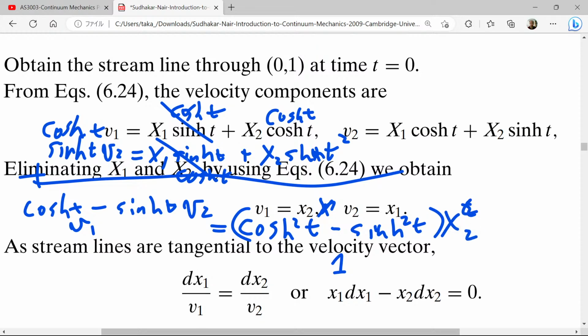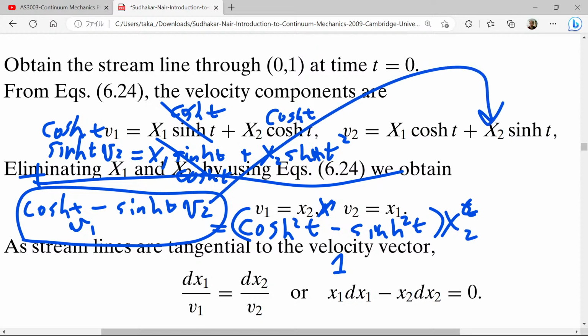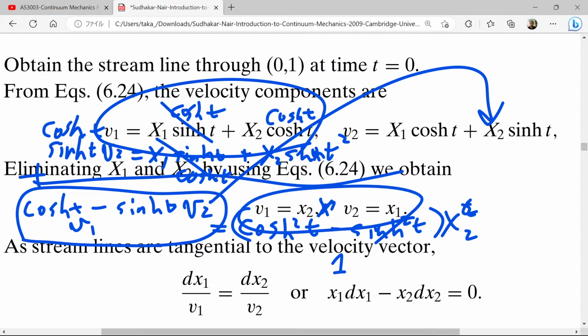So this is X2, which you can put here, for example. Then you can obtain X1, so you can obtain X1, X2. Then maybe you can use the first equation, because now you know X1, X2. So then finally you get this.